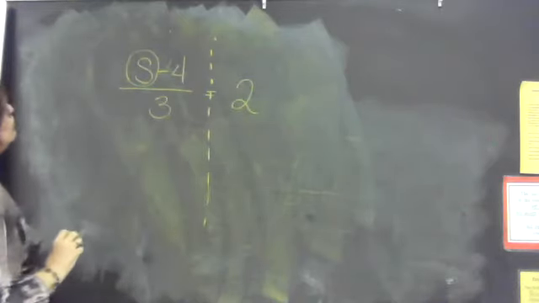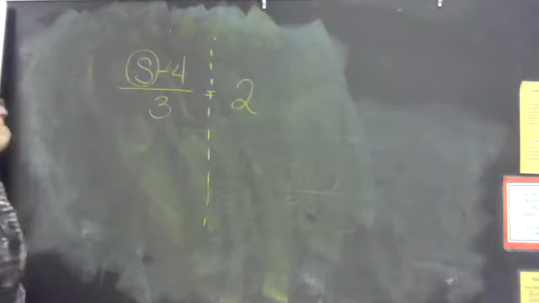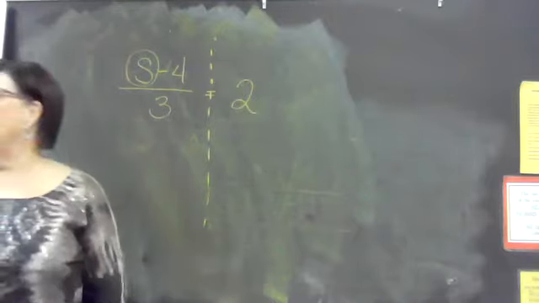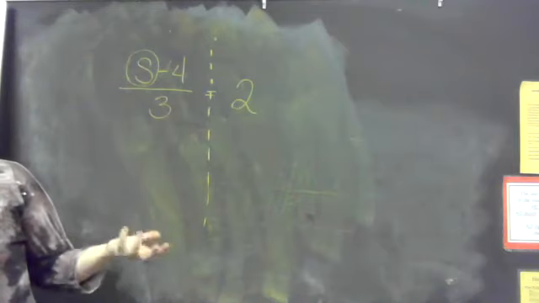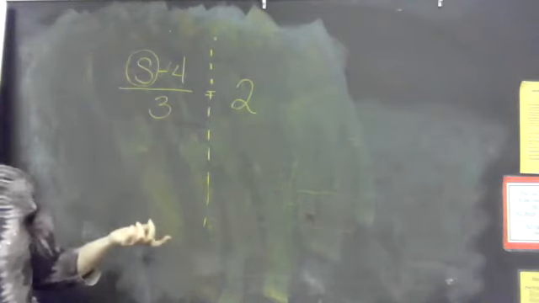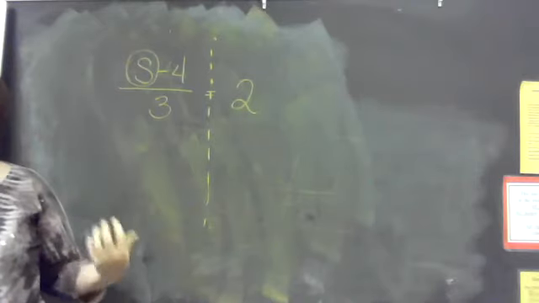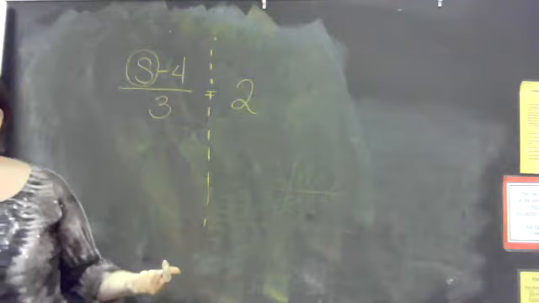Okay, so now it looks like I have 2 steps. And this is going to totally contradict what I just said in the last one. Because I said you have to take care of the plus or minus first, right? And then the multiply and divide. Except this is a set.